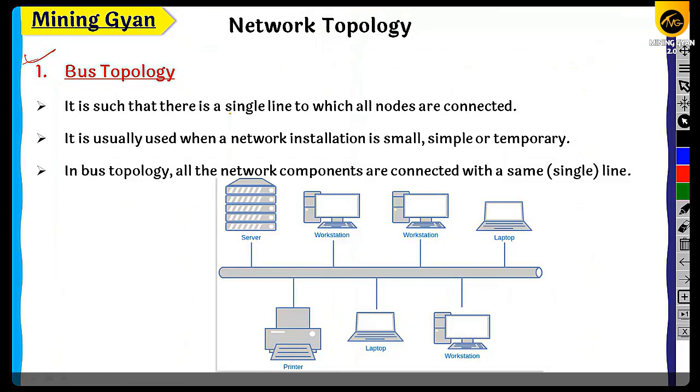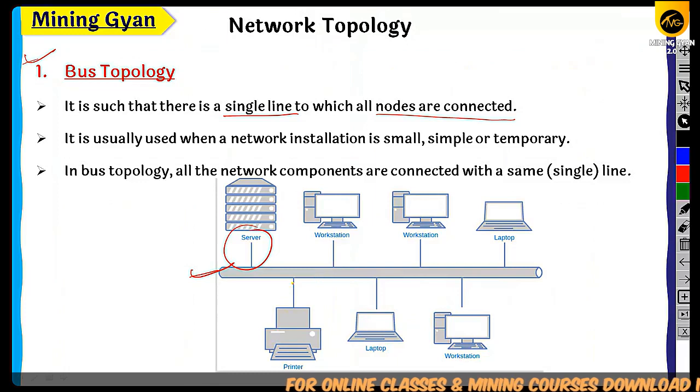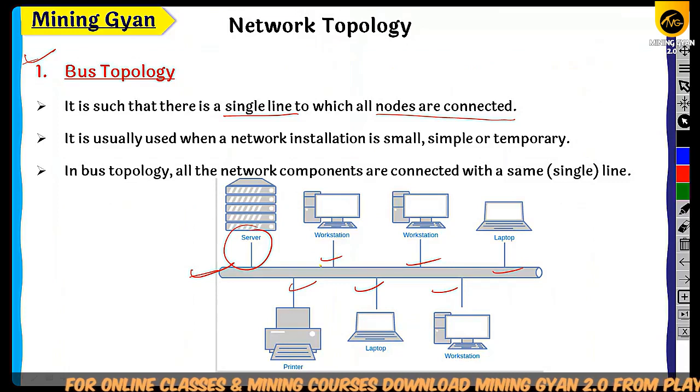It is such that there is a single line to which all nodes are connected. So you can see that this is the single line. You can connect this line with the server. Then you can connect some kind of printer, laptop, workstation. So the single line is used to connect all the nodes.